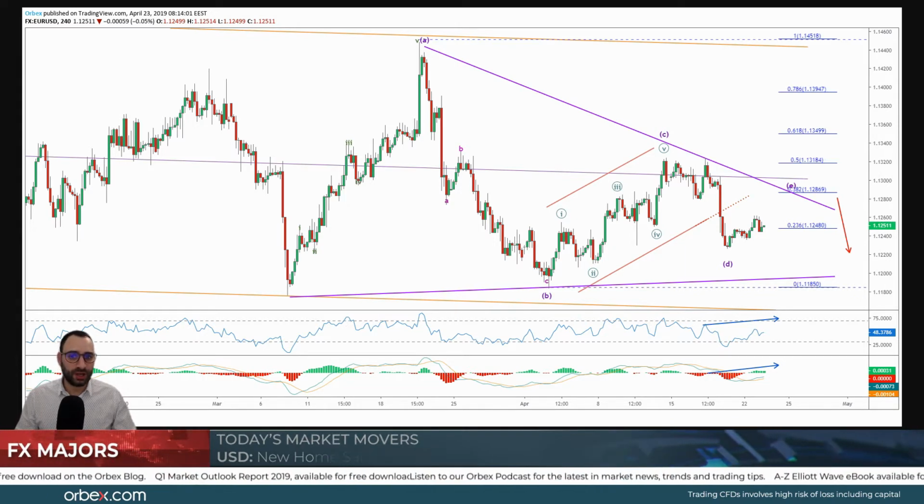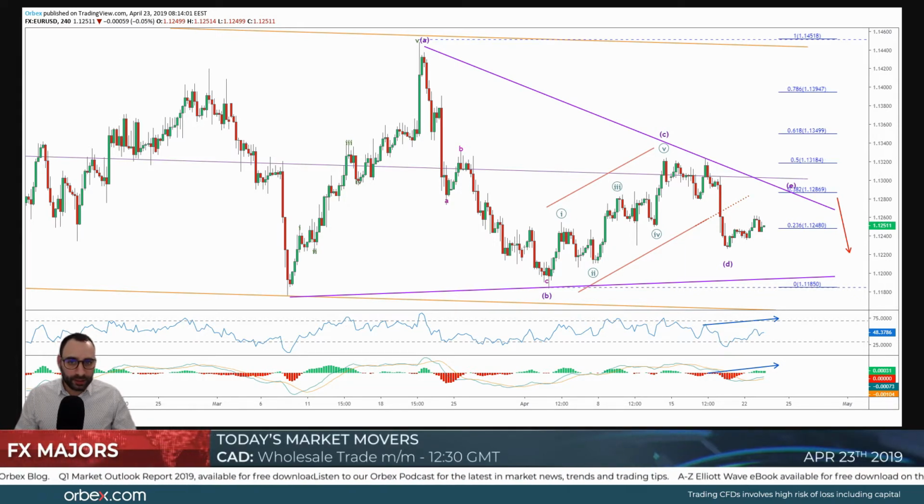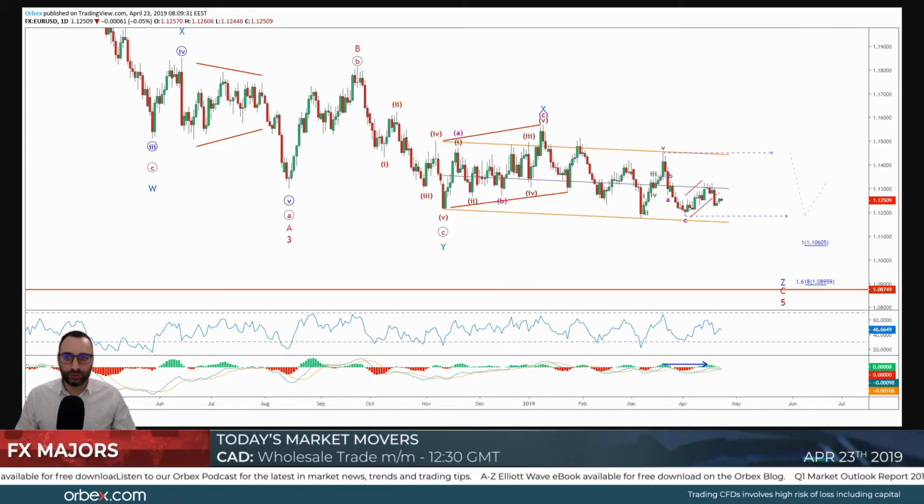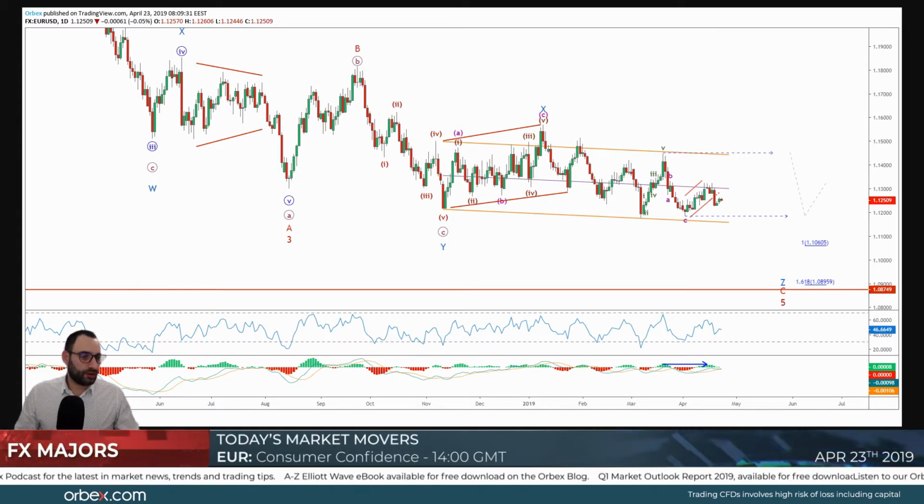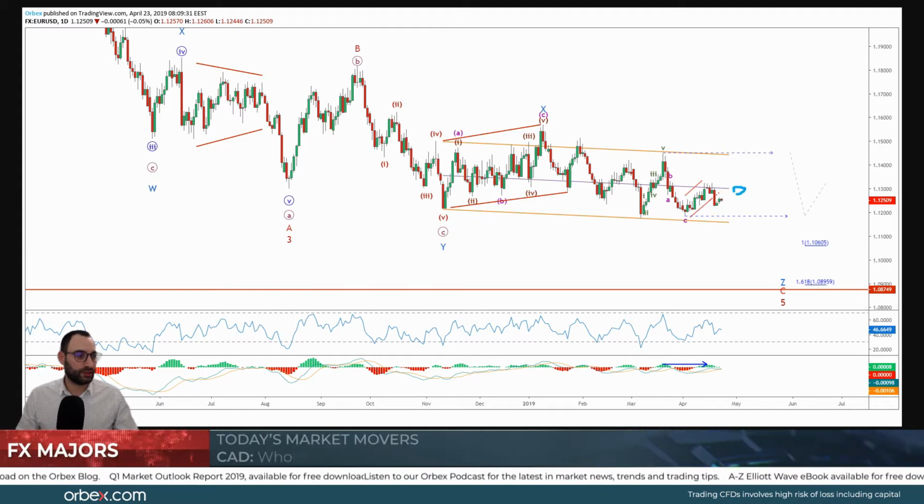So I want to start with the daily on euro dollar. I'm personally expecting prices to receive another rejection somewhere near 1.13 or so and start moving lower.